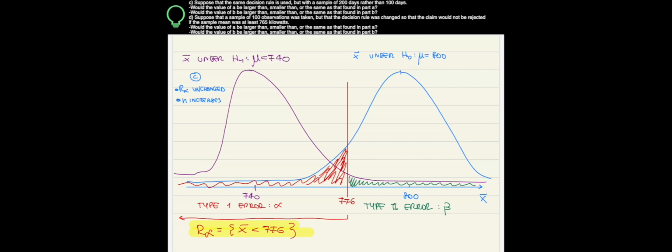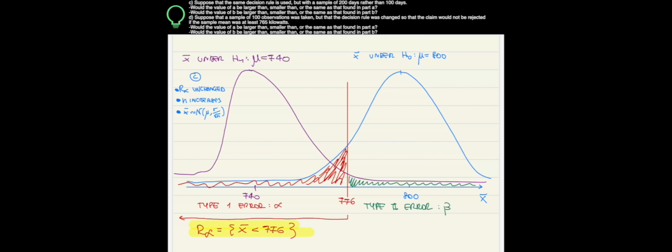And to answer this question, we don't need to do any calculations. You can do the calculations to double check. However, just know that x bar is in all cases distributed according to a normal distribution with standard deviation sigma over square root of n.